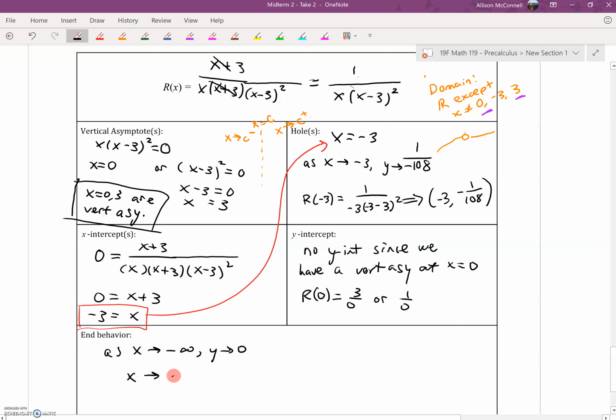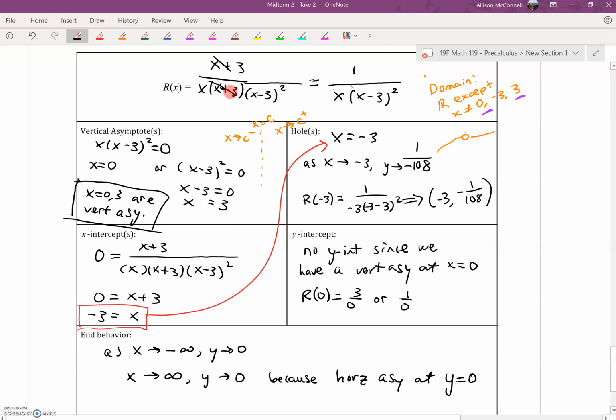And as x goes to positive infinity, y will then also go to 0 because we have a horizontal asymptote at y equals 0.